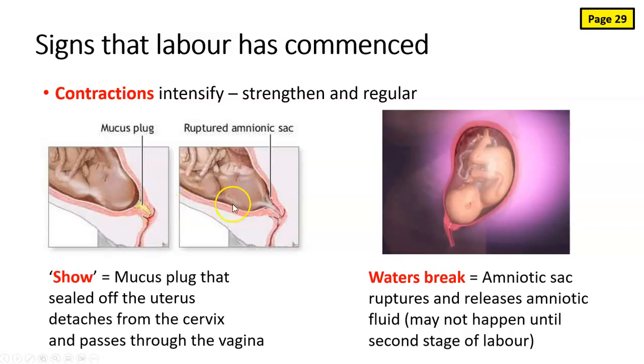With that, you may get rupturing of the amniotic sac. It could be a trickle, it could be a whole gush of liquid. Women experience different things, but the rupturing of the amniotic sac is a very clear sign that labour has begun.